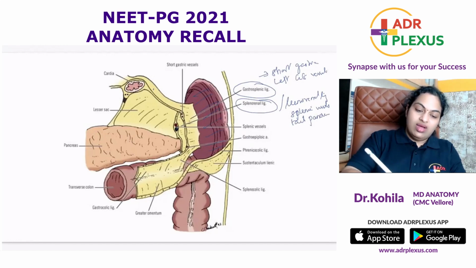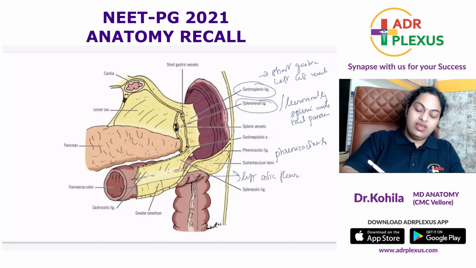Now there's one important ligament here called the phrenicocolic ligament. Can you see the transverse colon here? It's going to continue as the descending colon. So this point is your left colic flexure.